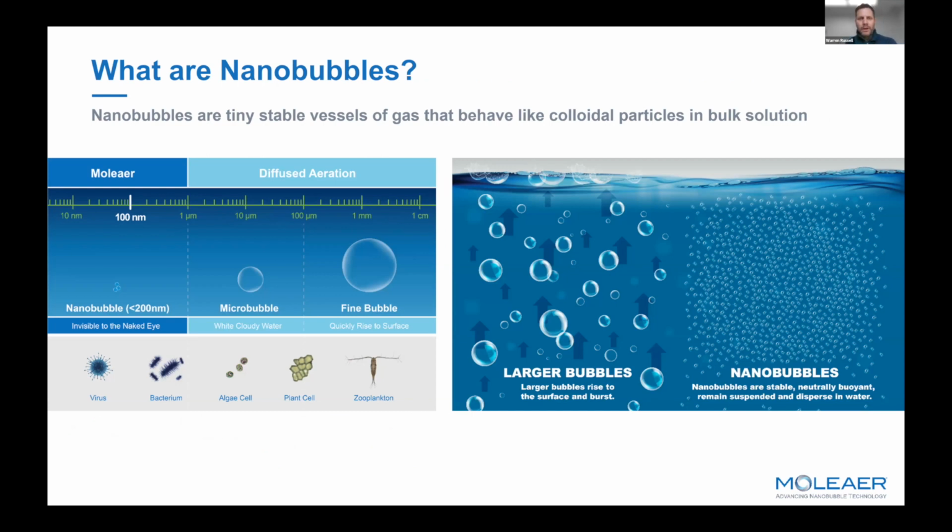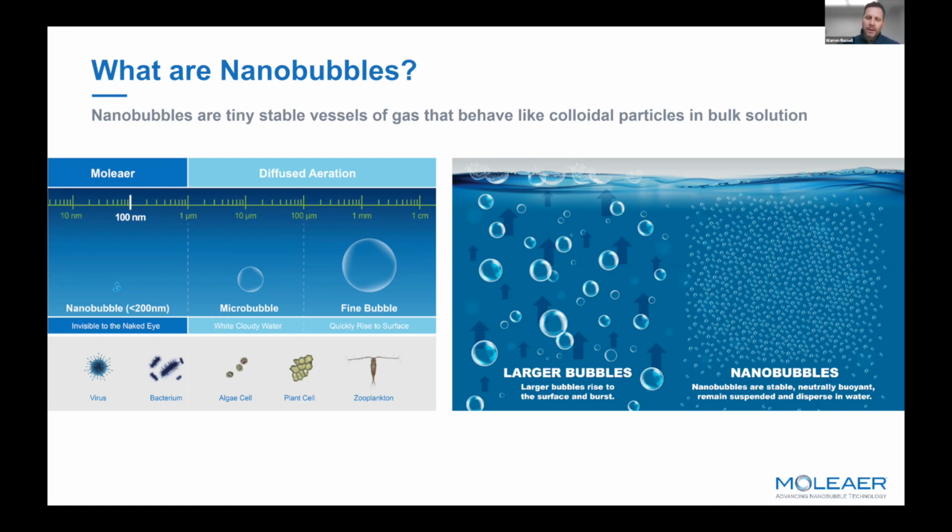For those of you that are not familiar with nanobubbles, it's a classification of a scale of a bubble that's around 100 to 120 nanometers in size. And that's really on the left-hand side. If you look at where the virus and bacterium live, it's incredibly small.